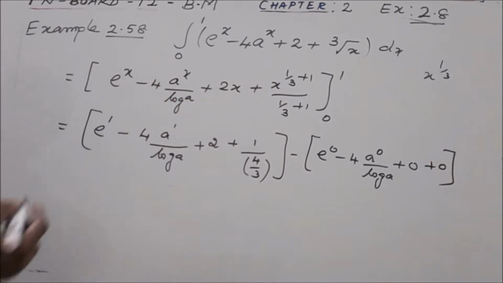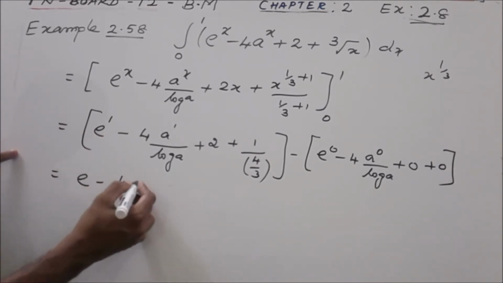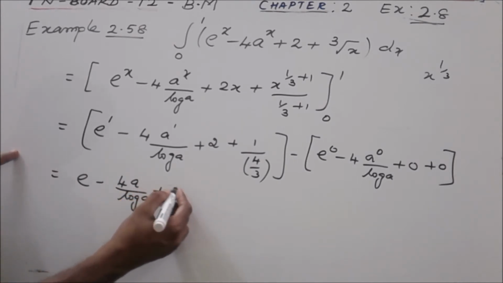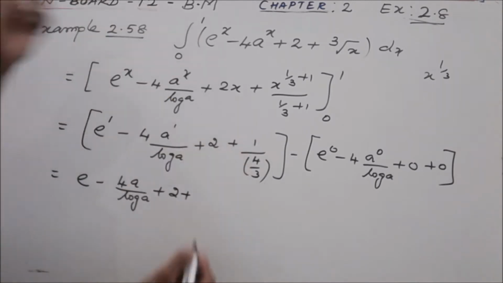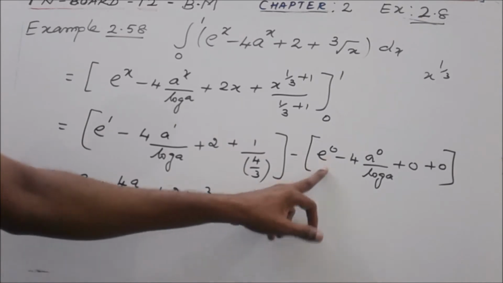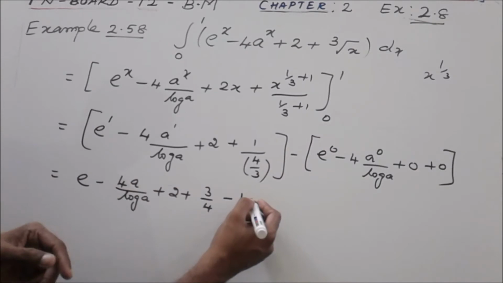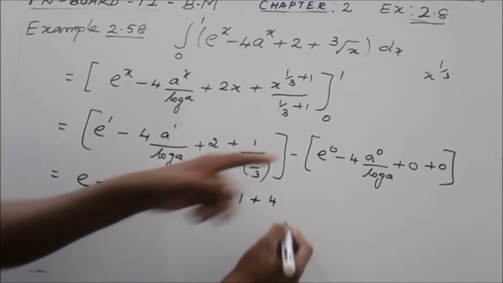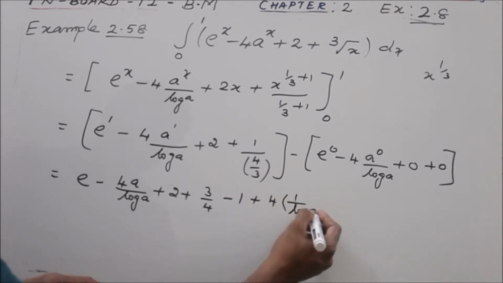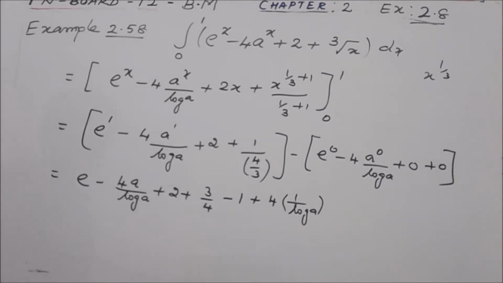Now simplifying this, we have e power 1 is e minus 4a by log a plus 2 plus 1 by 4 by 3 as 3 by 4, then minus, bring this minus inside, e power 0 is 1, so minus 1, this minus into minus is plus 4, a power 0 also 1, so 1 by log a, then the remaining are 0.